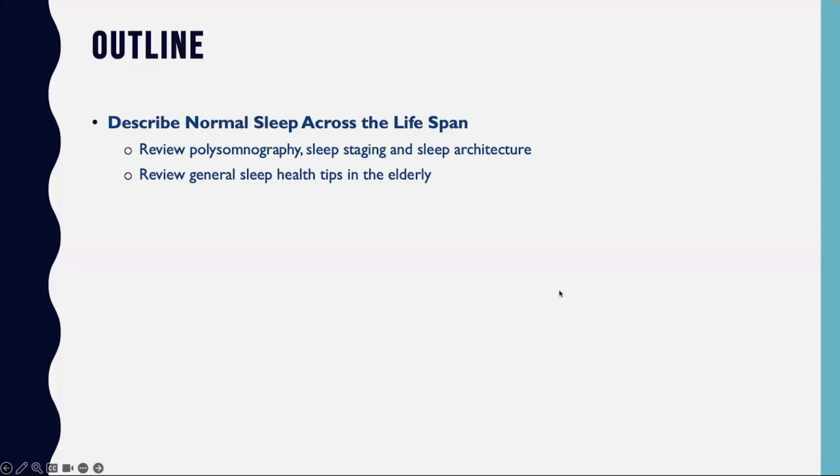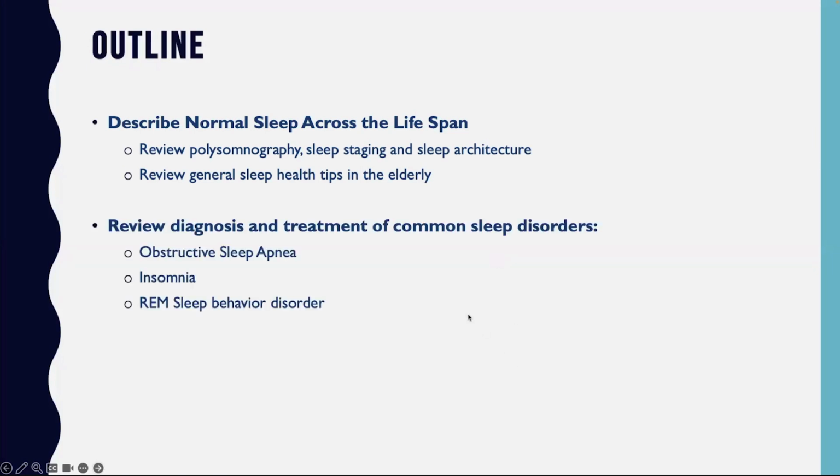To give you a brief outline of the talk today, we're going to start by describing normal sleep across the lifespan. I want to start with reviewing polysomnography, sleep staging, and normal sleep architecture, and discuss some general sleep health tips in the elderly population.